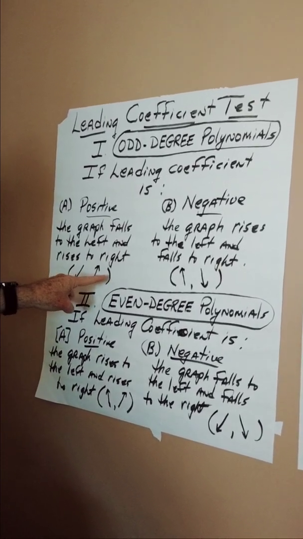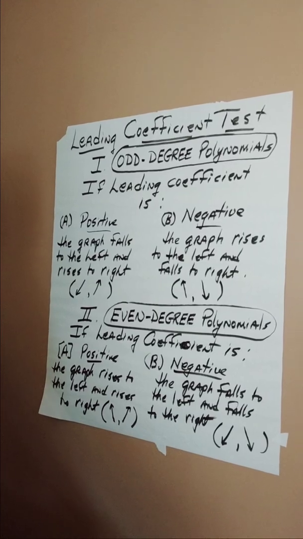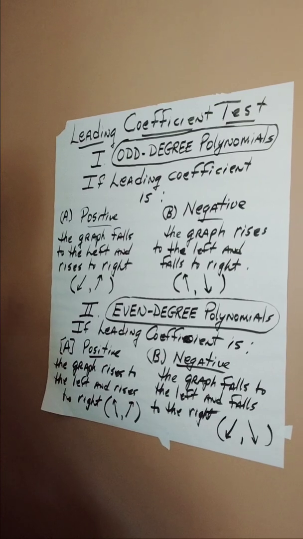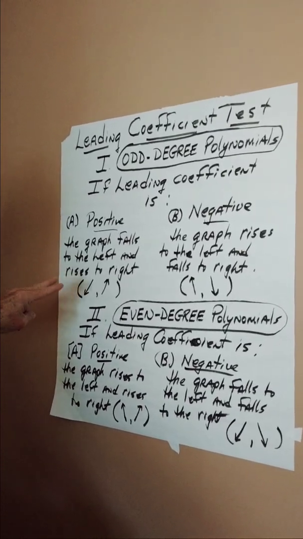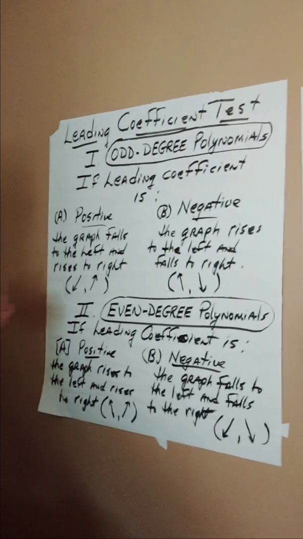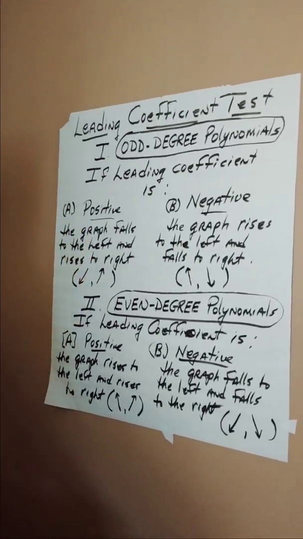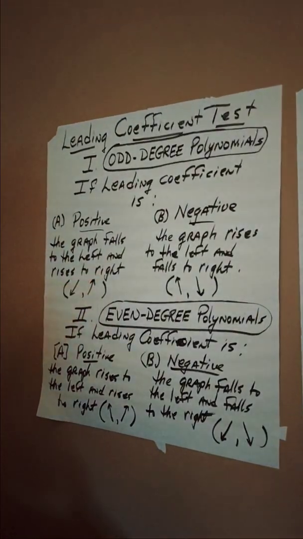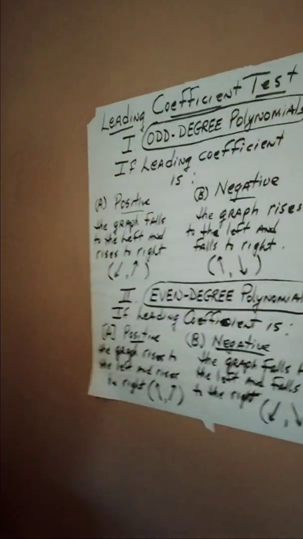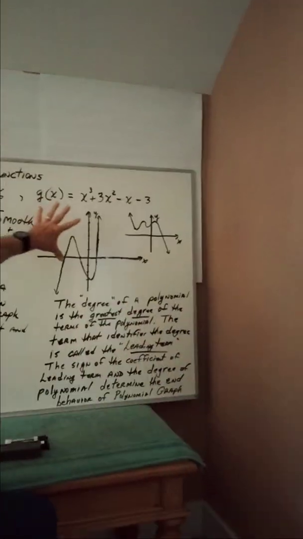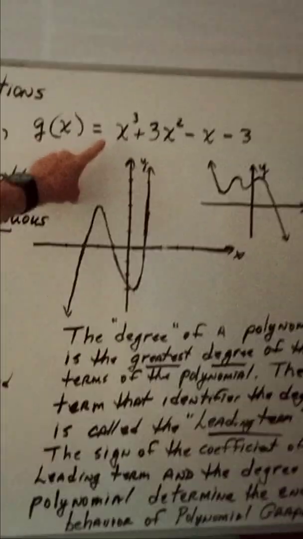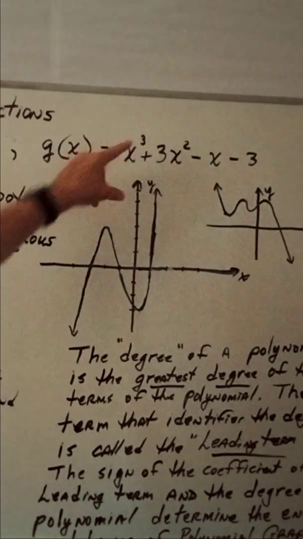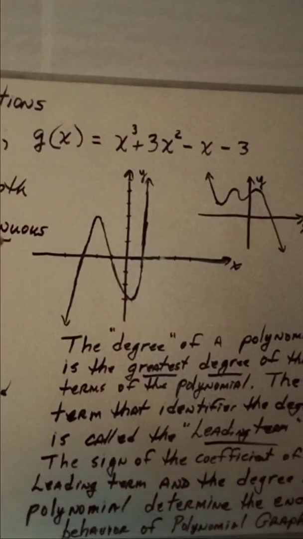Now, this is not an ordered pair, and it obviously is not interval notation. It's just using parentheses, as they oftentimes do, to kind of use symbols to point out the end behavior of the graph. It'll fall to the left, and it'll rise to the right. Look at this polynomial function. It has a degree of 3. That's an odd degree.